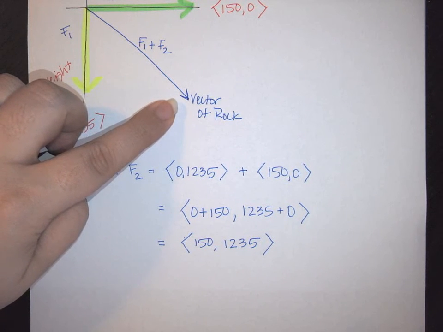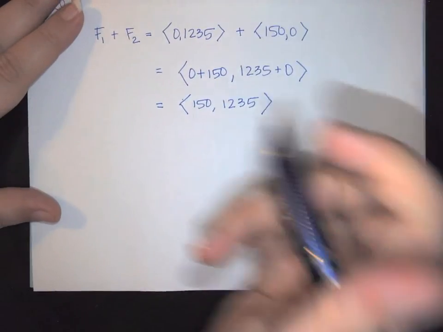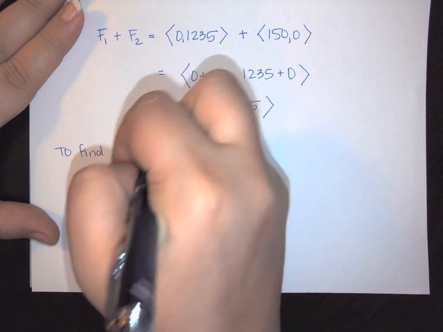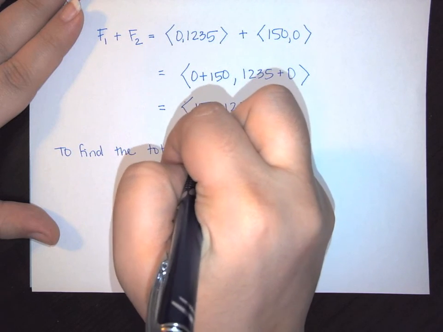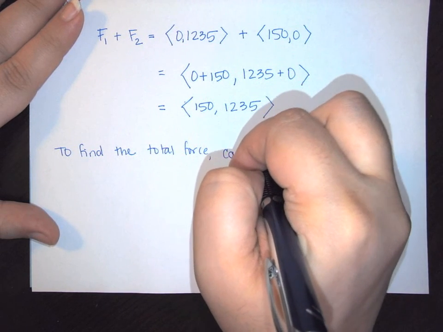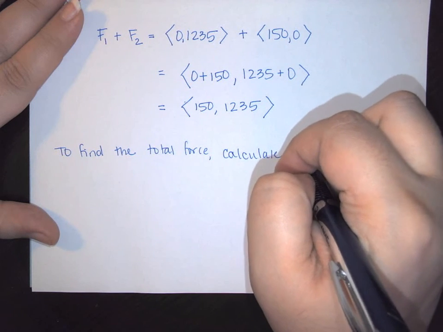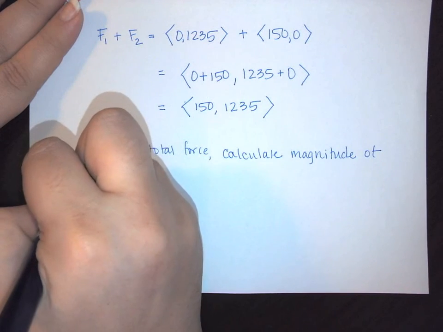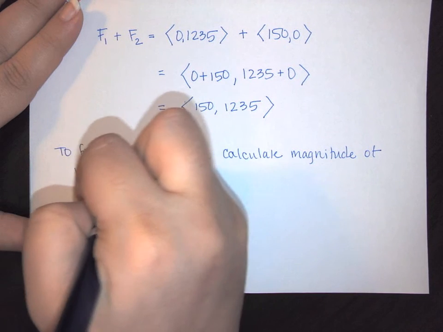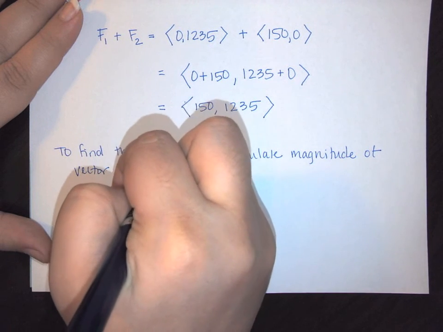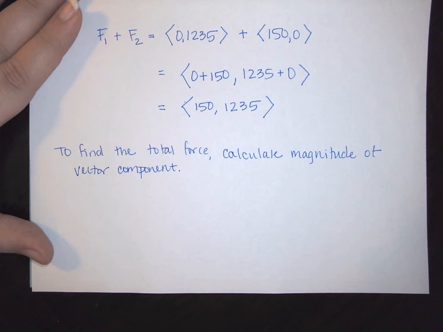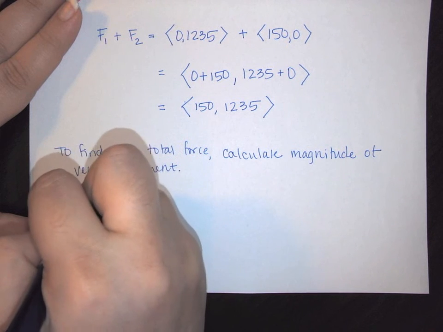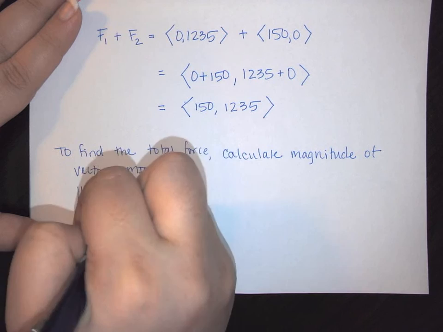What that means is that we now have to find the magnitude, so you need to calculate the magnitude of F1 plus F2.